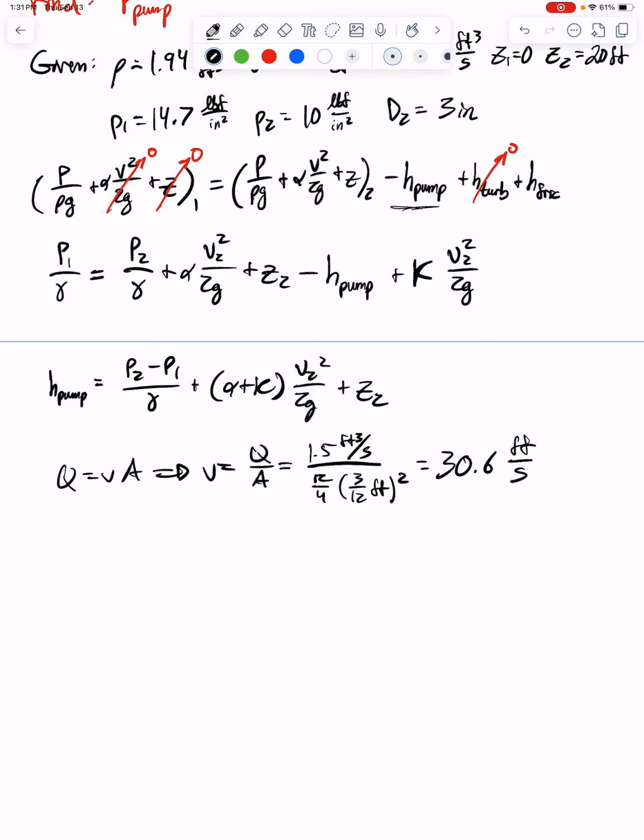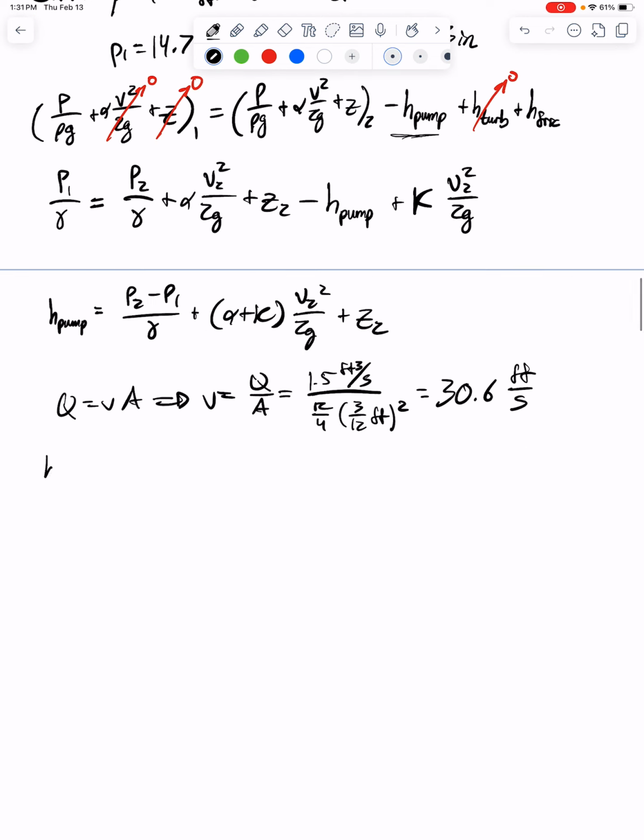That's the speed of the fluid, thanks to the pump. I can now plug in my values to get H pump. H pump equal to P2. That's machine. Yes.